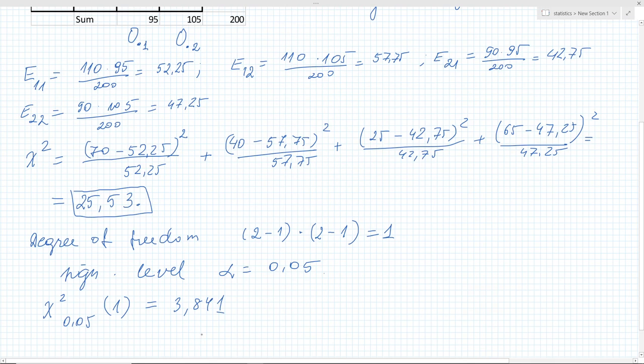So now we have to check if the value of our test statistic, which is 25.53, is larger than the critical value of our test, which is 3.841, and the answer is yes. Therefore, we reject the null hypothesis.